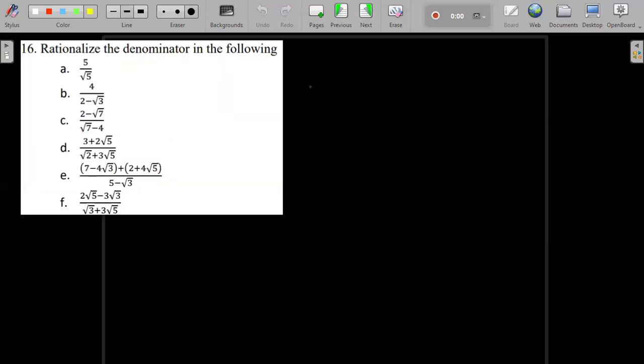These are the questions that we have on rationalization. They're saying rationalize the denominator in the following. The first one that we have is 5 divided by the root of 5. I said if you have a single surd in the denominator, we just multiply by the same surd.